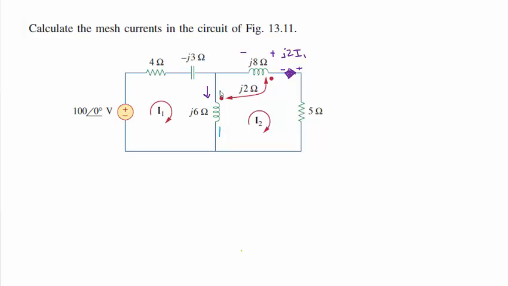It's actually coming out of this dot. So I2 in the first coil induces a voltage in the secondary coil. I2 is leaving the dot, which means in the secondary coil we have a minus plus polarity. It's minus at the other dot, and it's J2I2.